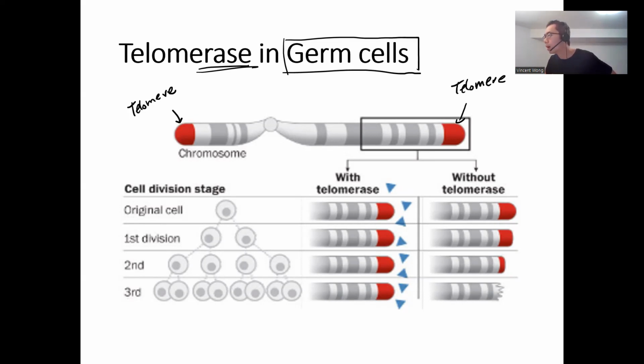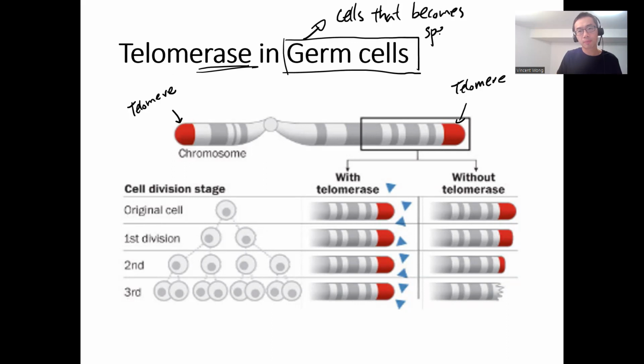Okay, that's fine. So germ cells are cells that become sperm or egg. So thank you, Roy.